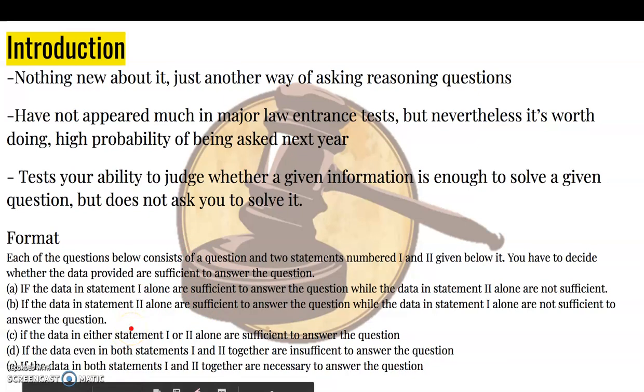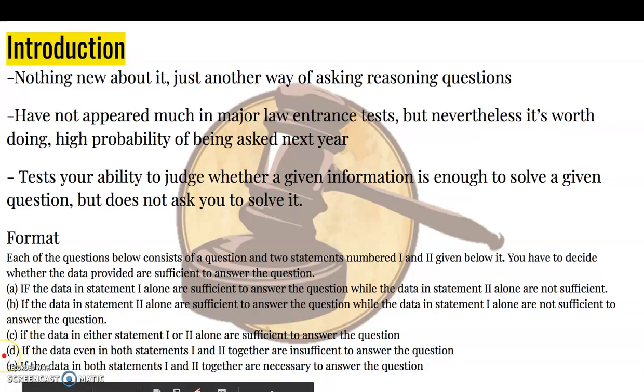If one statement can entirely solve the problem, but the second one cannot, and vice versa, those will be these options. And if they both can solve the question alone, then we pick option number C.